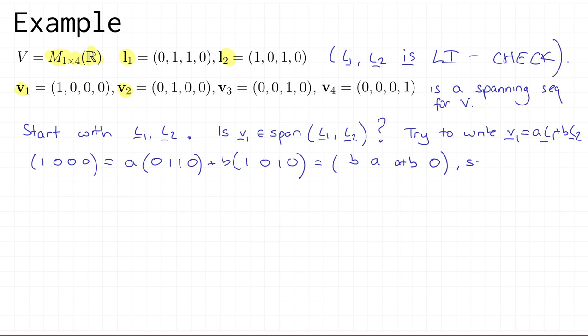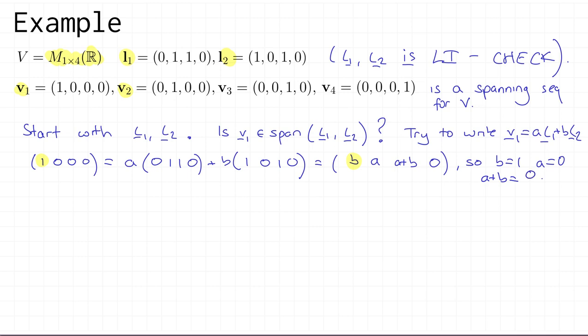So what I need then is that B is equal to 1. That's from the first entry. And from the second entry, I get that A is equal to 0. And from the third entry, A plus B has got to be equal to 0.